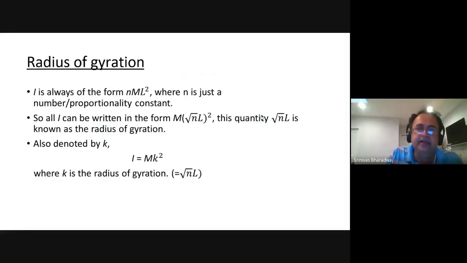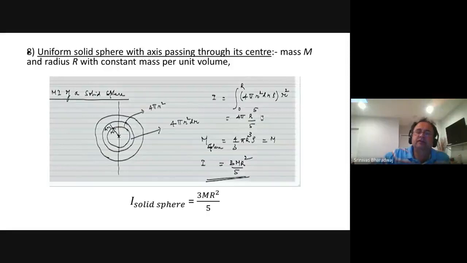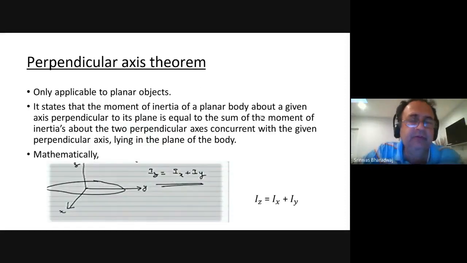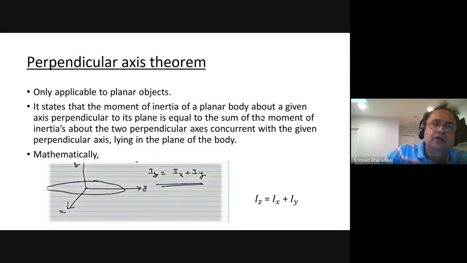Okay, k is the radius of gyration, right? So root 3 by root 5 times r is k for a sphere. Okay, radius of gyration is that quantity which makes it a perfect mk square. Okay, so remember that.